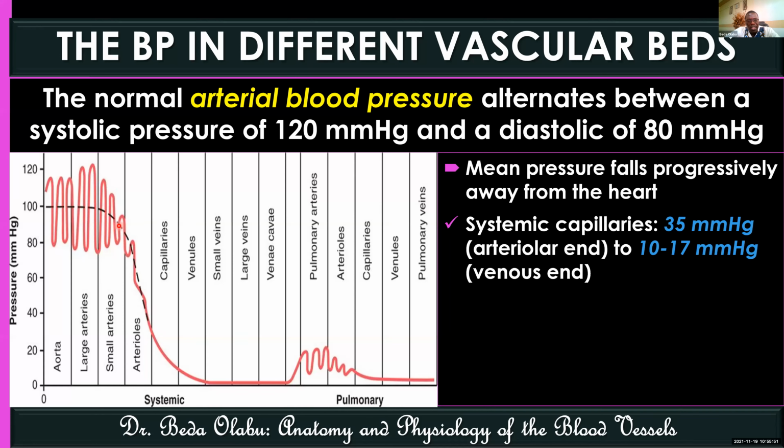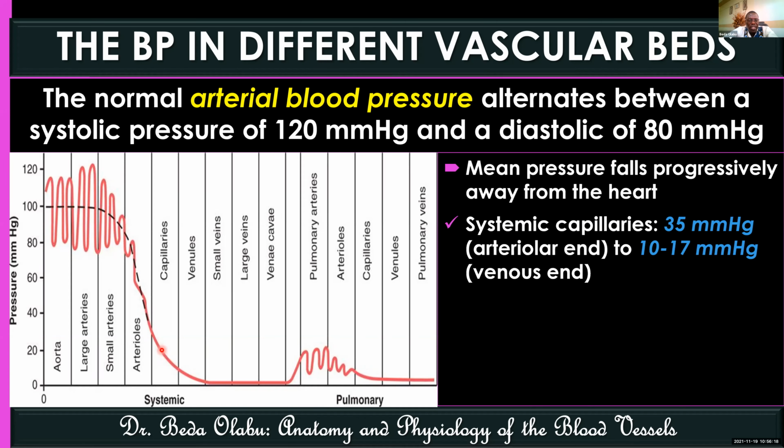The pressure in the capillaries has reduced significantly, so that at the arterial end of the capillary, which means the beginning of the capillary, the blood pressure is about 35 millimeters of mercury. And at the venous end of the capillary, the pressure is between 10 to 17 millimeters of mercury.